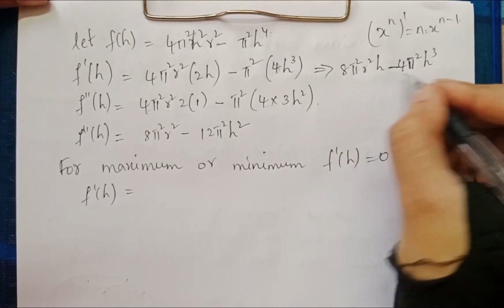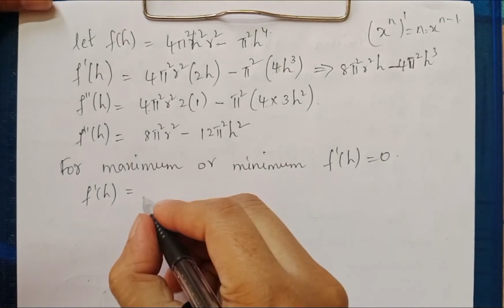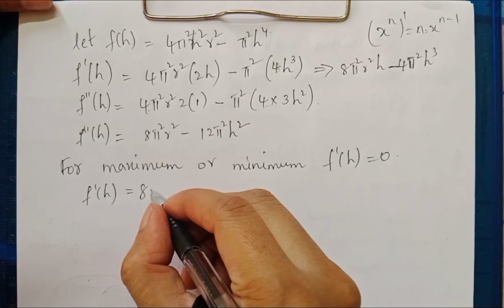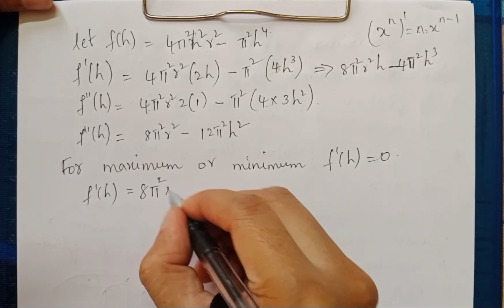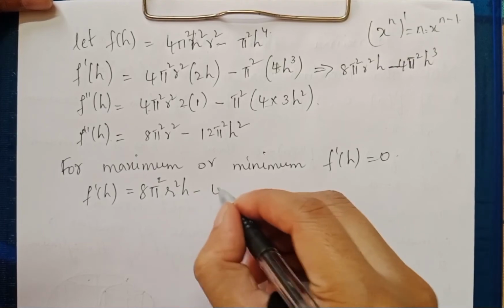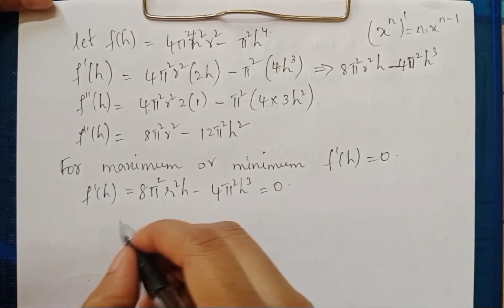This is the value of f dash of h. We substitute and equate it to 0: 8 pi square r square h minus 4 pi square h cube equals 0.